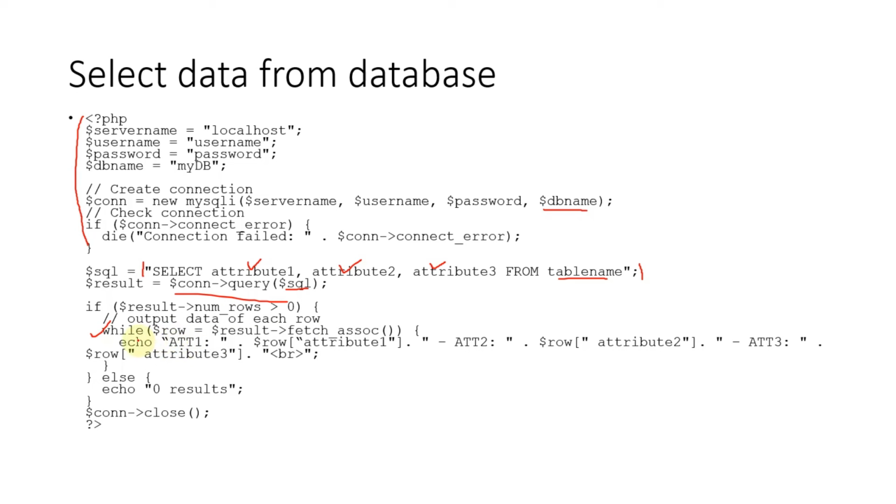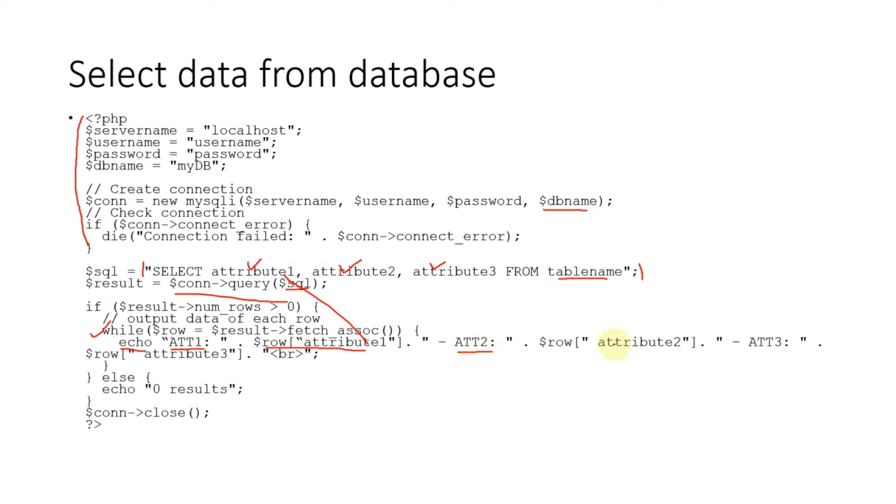Now here we have to display the contents, so I am giving a word, let's say ATT1. It can be anything according to the attribute name and according to our needs, and then the content of row attribute 1, and then again we will give something to display.